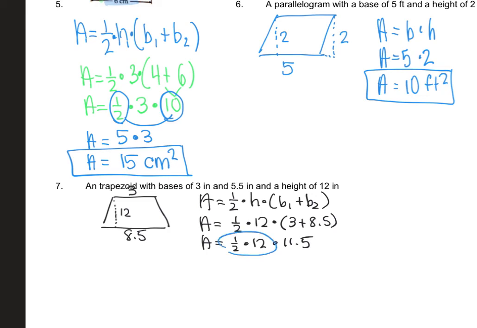I can do 1/2 of 12. I know 1/2 of 12 is 6, and I'm going to multiply it by the 11.5. 11.5 times 6 is 69. So my area is 69 inches squared, and I'm all done.